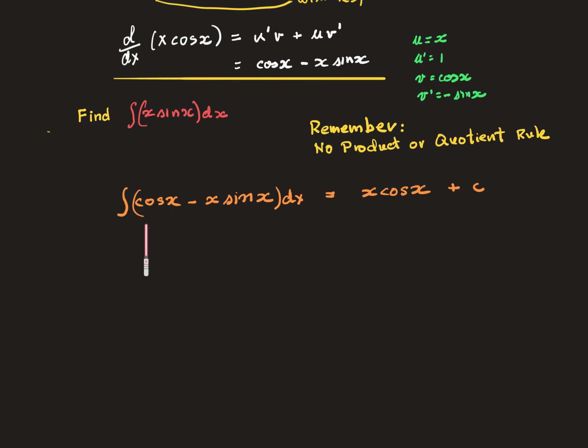Now the integral of a sum, in this case a subtraction, is the sum of separate integrals. So we could write this as the integral of cos x dx minus the integral of x sin x dx, which is equal to x cos x plus c.